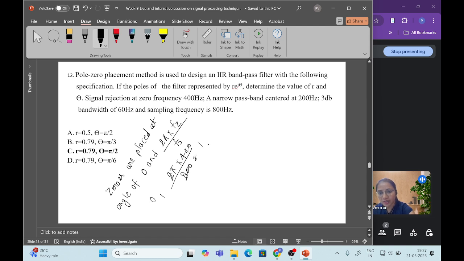So zeros are placed at the angles 0 and pi.